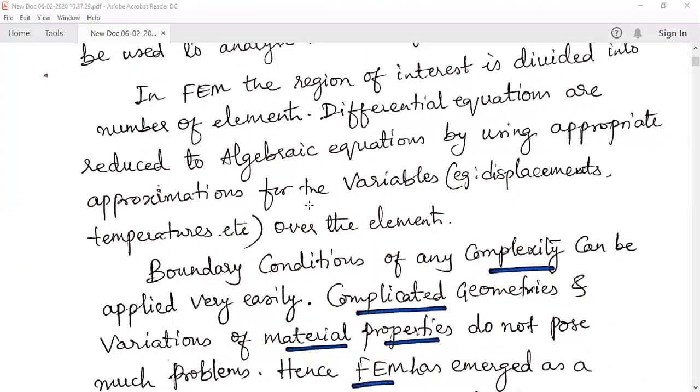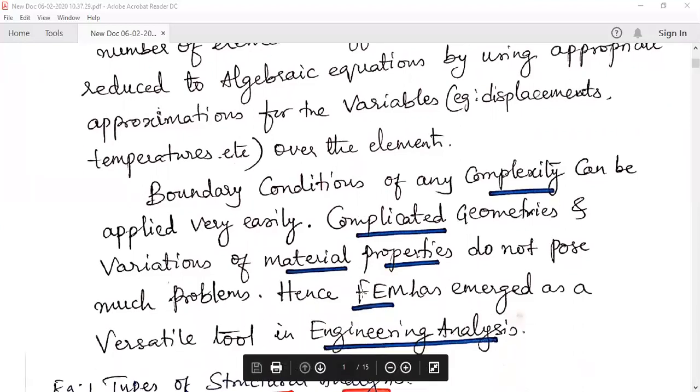Boundary conditions of any complexity can be applied very easily. You know the handling of boundary conditions in structural problems: penalty approach, elimination approach, homogeneous boundary conditions, things like that. Complicated geometries can also be handled with finite element techniques in various problems.